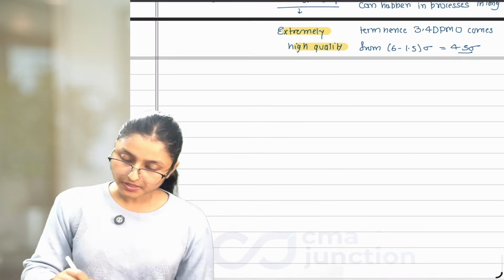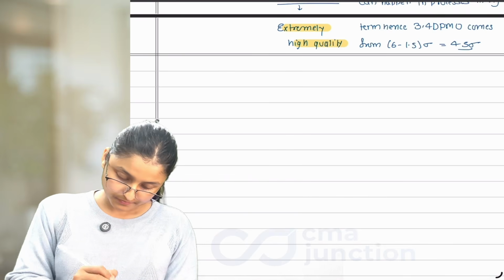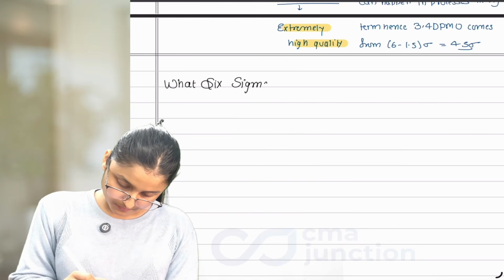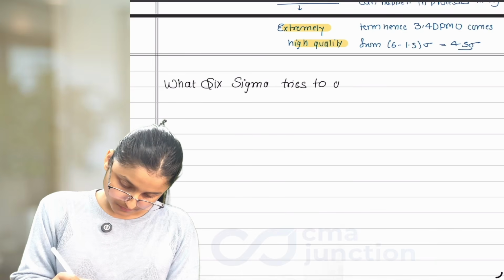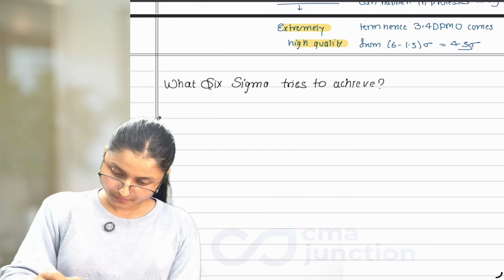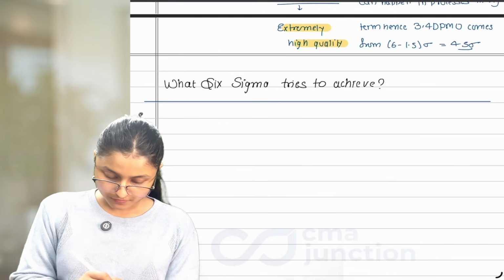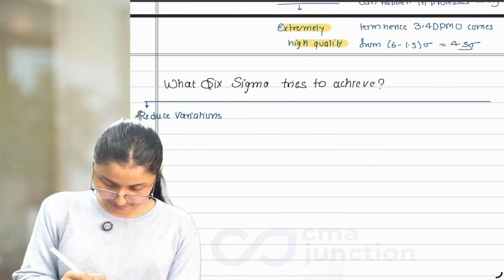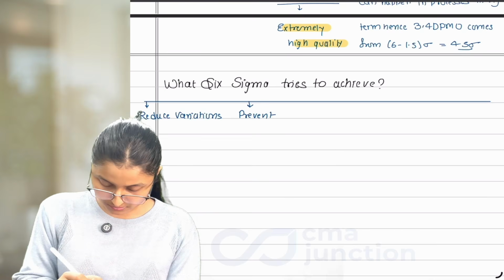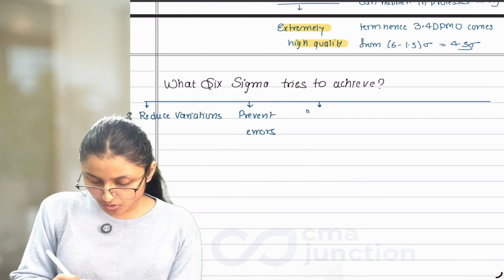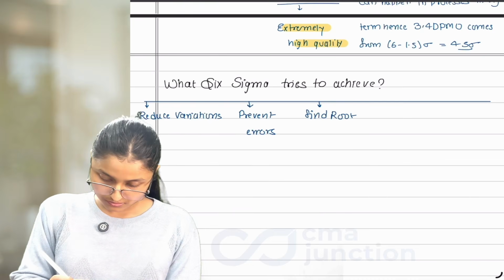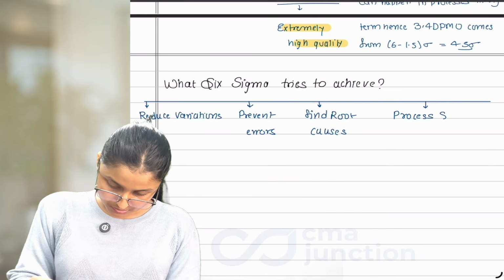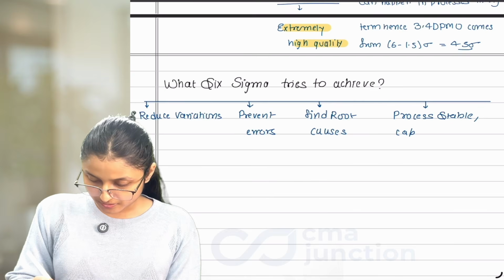Now, what does Six Sigma try to achieve? First, it tries to reduce the variations, prevent errors, find the root cause and solve the problem so that it doesn't happen again, and make the process stable, capable, predictable and efficient.